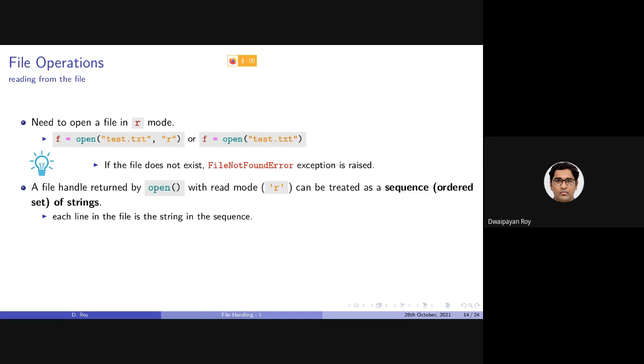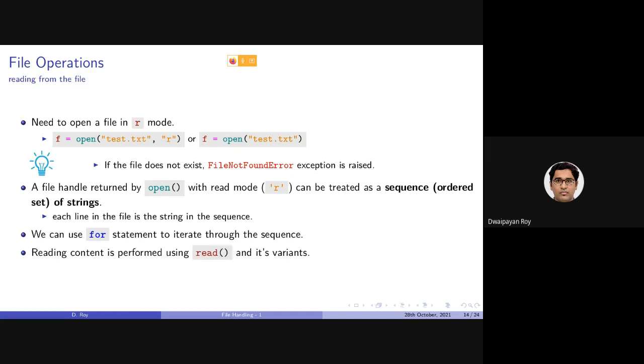While opening the file in r mode, the file will be opened as a sequence of strings. That is, each line in the file will be considered an individual string. And we can use a for loop to iterate through this sequence to read individual lines. To perform the actual read operation, similar to the write function, there is a read function.